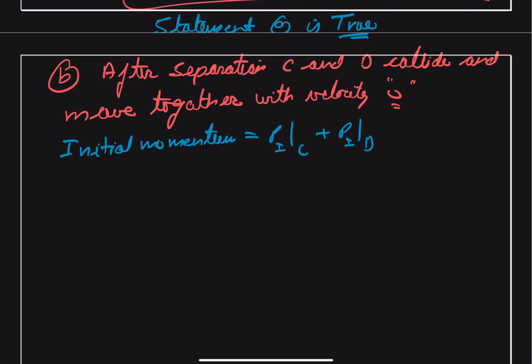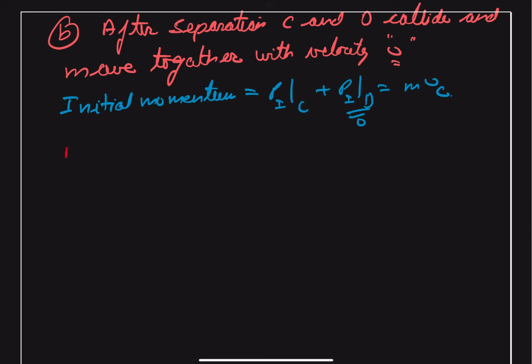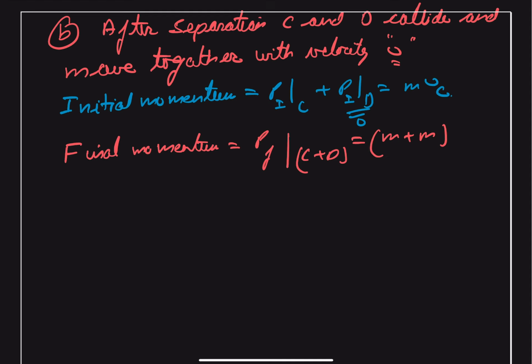D is at rest, so this becomes 0, and for C the mass is given as m, so this becomes m multiplied by Vc. Our final momentum: both are moving together, so final momentum of C plus D will be equal to mass of C plus mass of D, moving with the same velocity v.